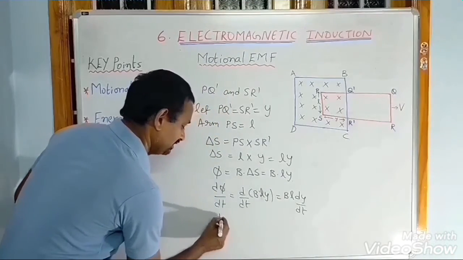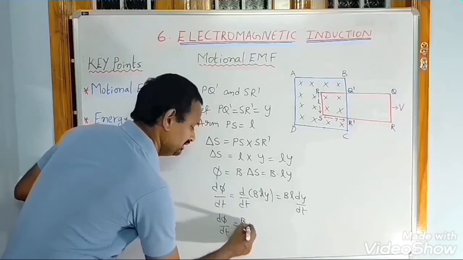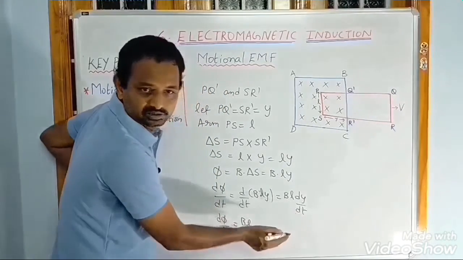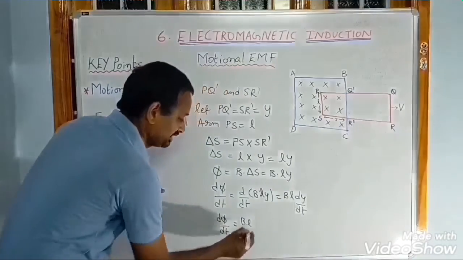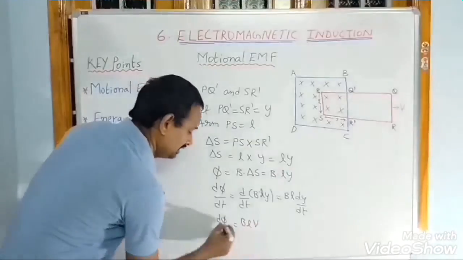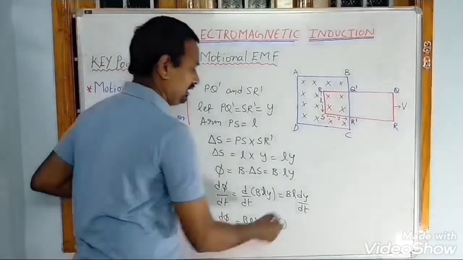So d phi by dt equals BL into dy by dt. See, dy by dt means rate of displacement. What is that? Velocity. So instead of dy by dt, I can write V. So I got d phi by dt equals BLV. That is equation 1.